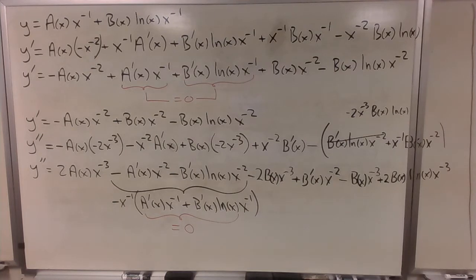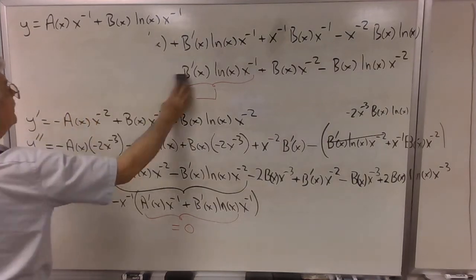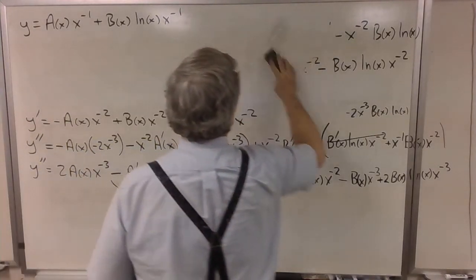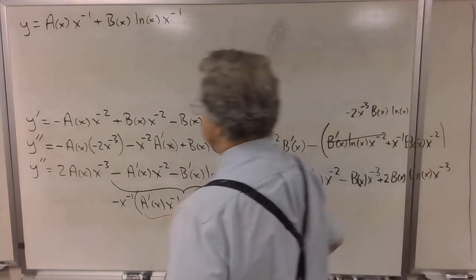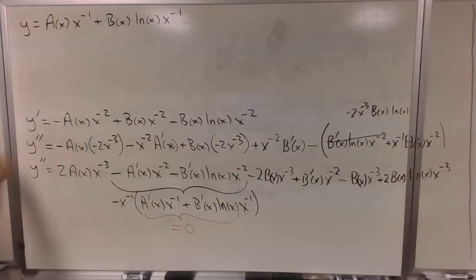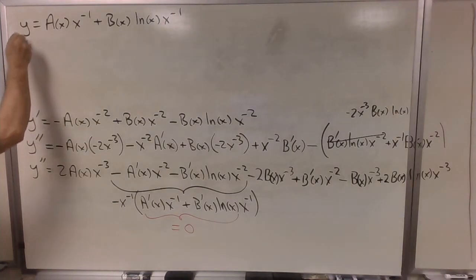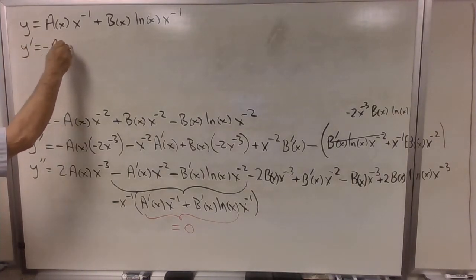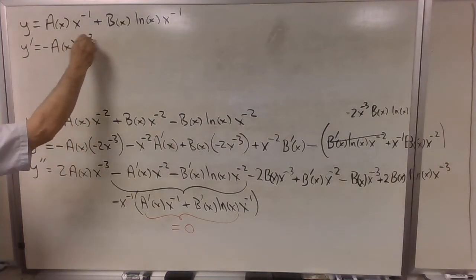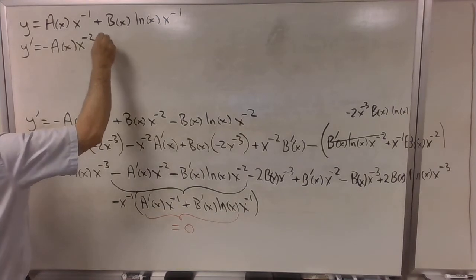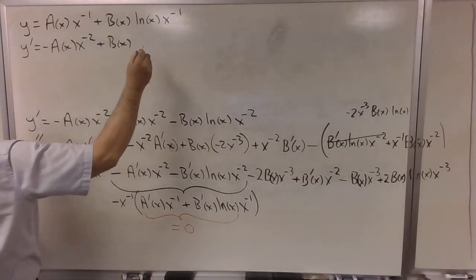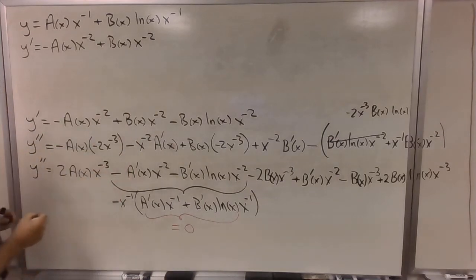And I'm running out of blackboard space, so I think now would be a good time for me to summarize what I've done so far. I'll move this up here. Y prime is negative ax, x to the negative 2, plus bx, x to the negative 2. You know what?